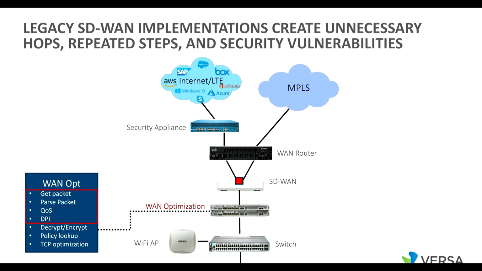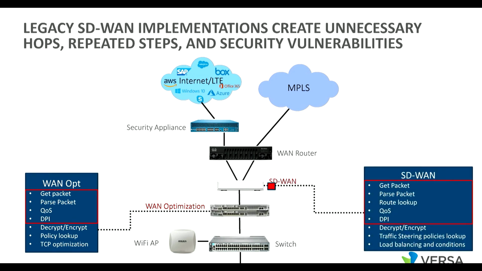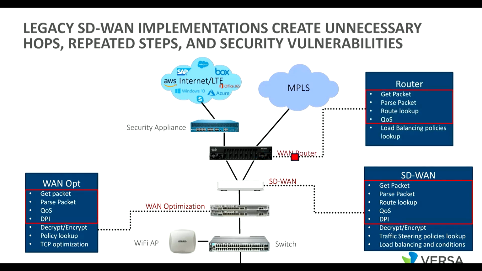Then it goes to the SD-WAN device, which essentially does its own set of getting the packet from the wire, parsing the packet, doing route lookup, doing DPI, doing traffic steering, and then it goes to the WAN router. And there you get the gist. It's going to be the same set of functions, which are in red, repeated again and again.